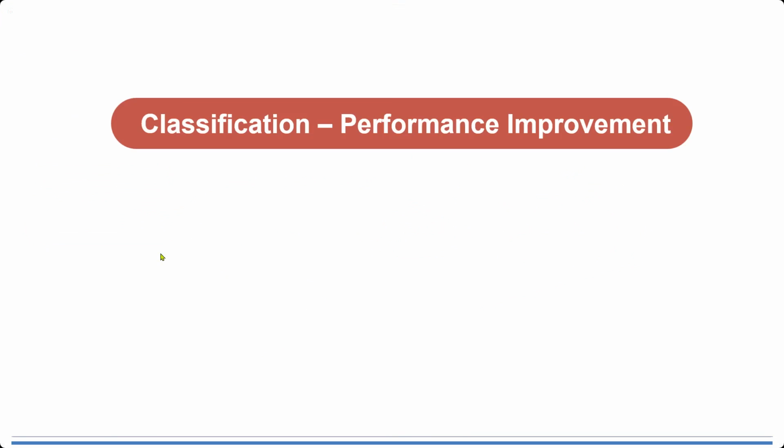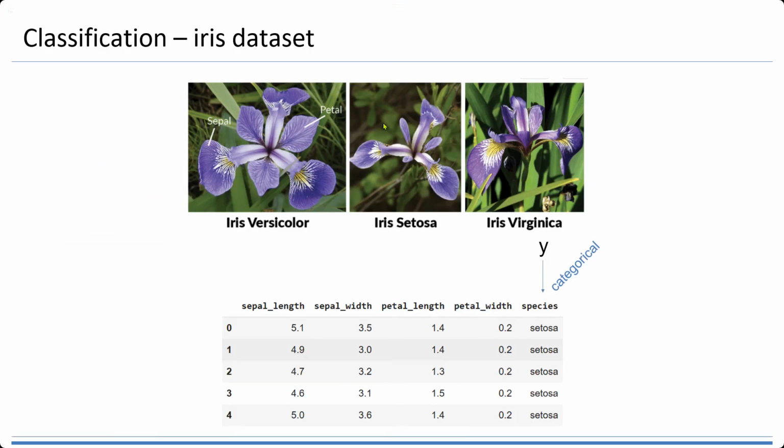I will explain the same as what we learned in regression. We can improve the performance using some of the methods that we already learned. Now let's take a look at the iris dataset. If you still remember, we have three species: versicolor, setosa, and virginica.